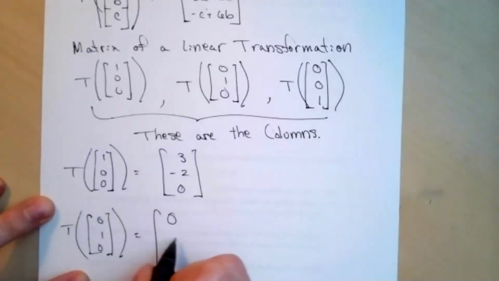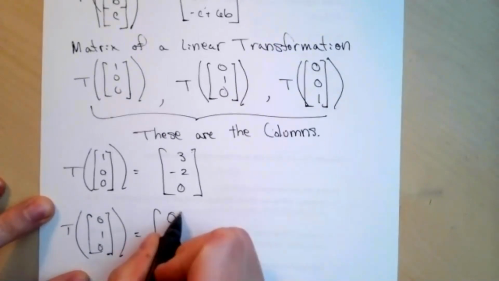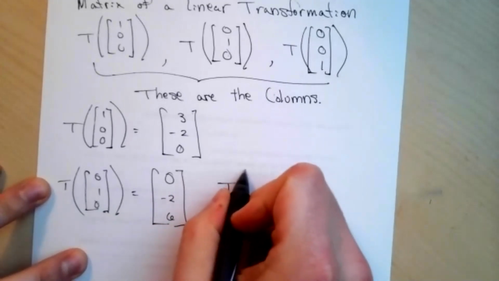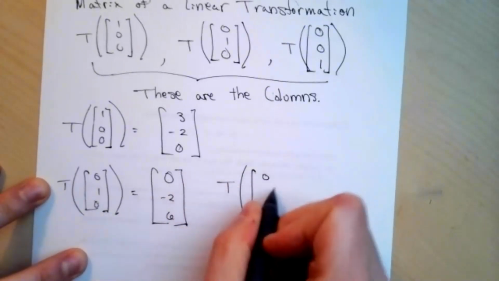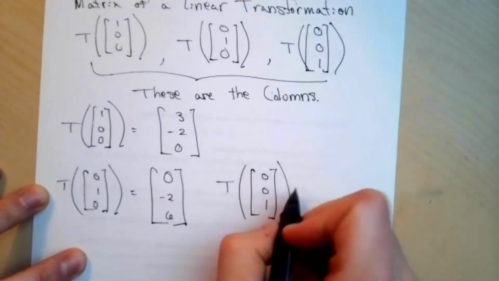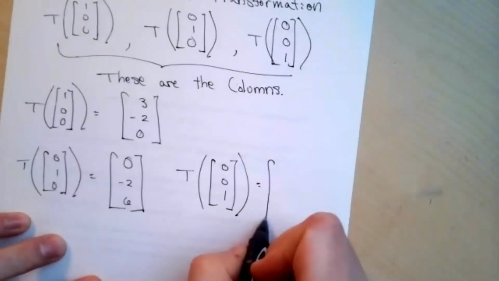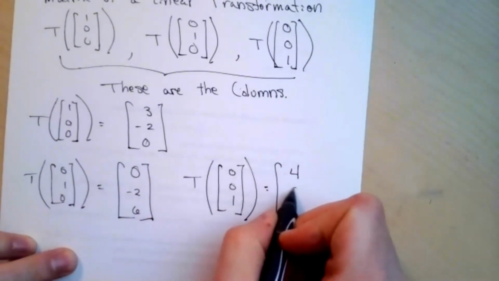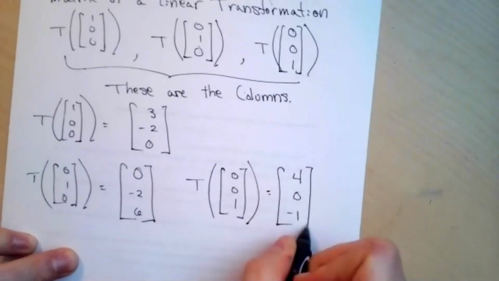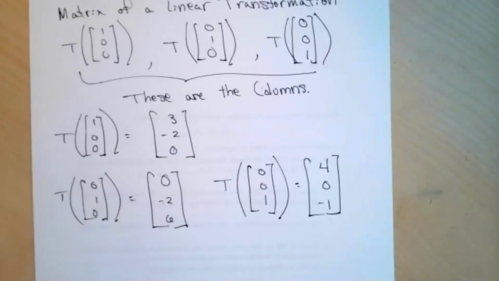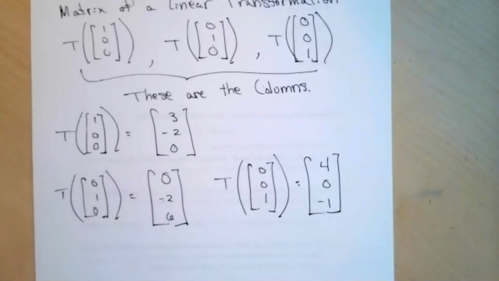So that'll give us a 0, a minus 2, and a 6. And lastly, T of (0, 0, 1) is going to be equal to, now our c is 1, a and b are both 0, so we're going to have a 4, a 0, and a minus 1. All of these are now going to be your columns: column 1, column 2, column 3, and that's the matrix associated with T.